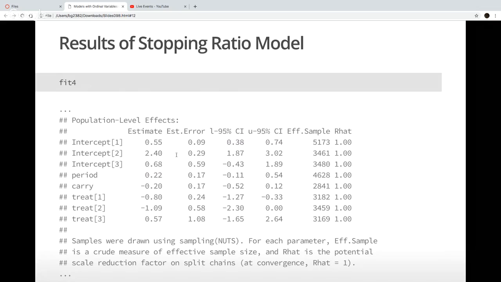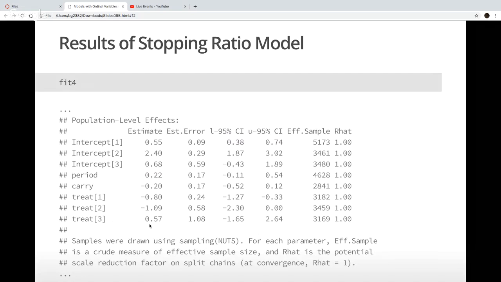In the next one, the model was estimated with category-specific treatment effects. So one treatment effect for each level of the outcome. So we have the stuff that we saw before, but now we see different treatment effect estimates for different categories of the outcome.